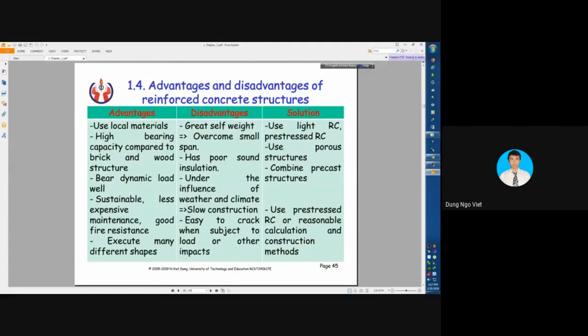And here is the summary table for the advantages and the disadvantages, and this is the solution for each disadvantage. So you can list them by yourself and try to understand.